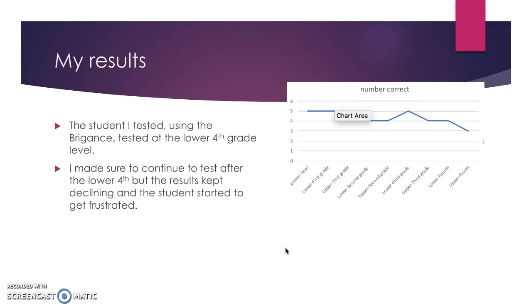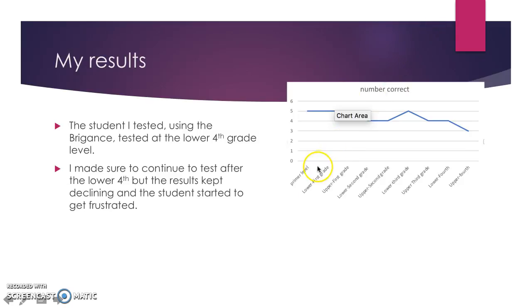So here are my results. The student I tested using the Brigance tested at the lower 4th grade level. I made sure to continue this test after the 4th grade level, but the results kept declining and the student started getting frustrated, so I just stopped after the upper 4th grade level on my graph.